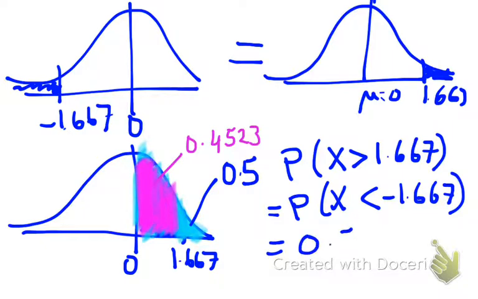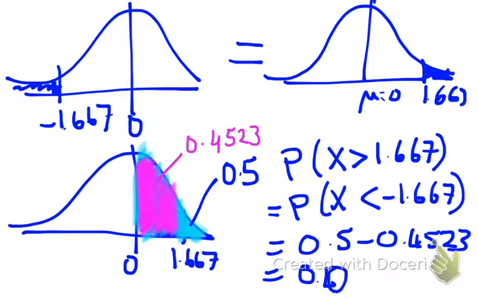That probability is 0.5, take away 0.4523, and that gives us a value of 0.0477. So that's how big that little tail area that we're trying to find there is. Okay, so that's one of the tails.